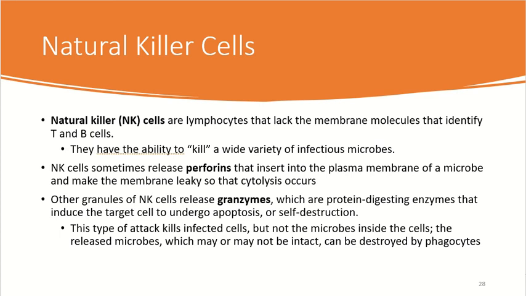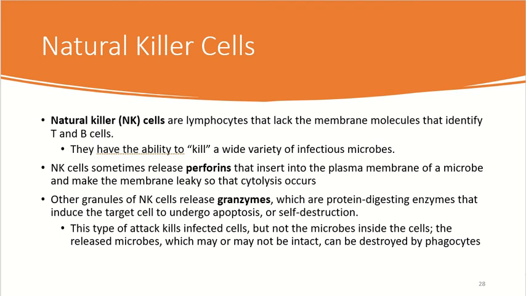That's just where they get their name. So NK cells are sometimes going to release perforins, and these are going to insert into the plasma membrane of a microbe, and it's going to make the membrane leaky so that cytolysis is going to occur. So like breaking open of the cell membrane. It causes that microbe to die, essentially.